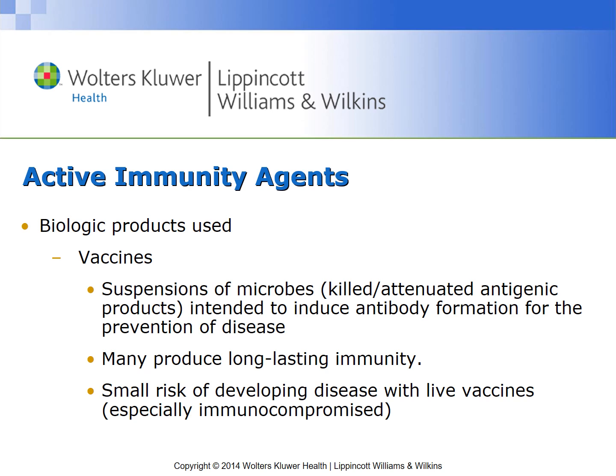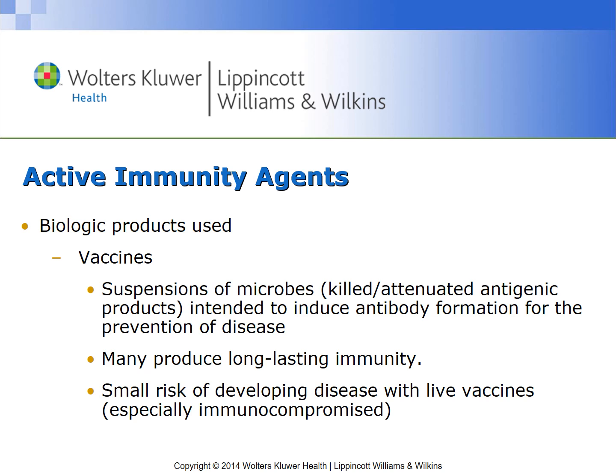So these are intended to induce those antibody formations for the prevention of disease. And I think that's just so cool how they came up with that years and years ago. Many of them produce long-lasting immunity, which is great. And there is a small risk of developing disease with the live vaccines.